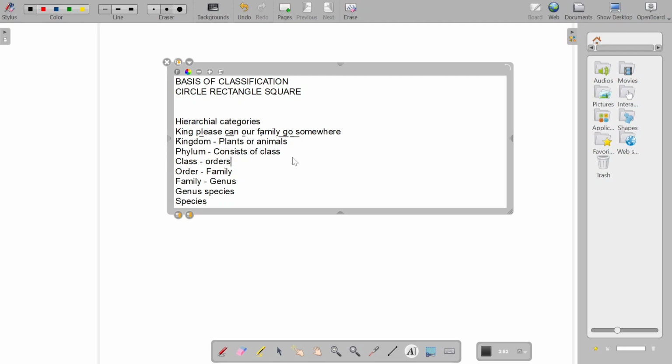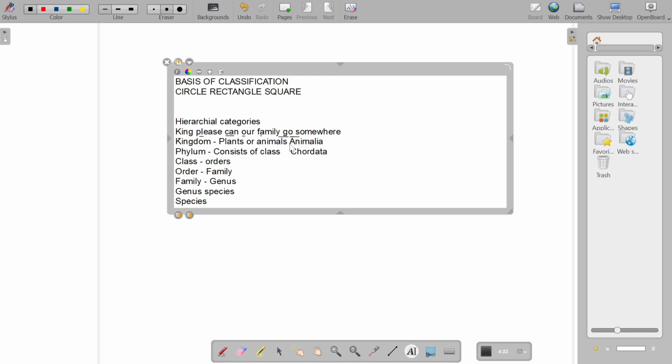Let me give a general example of how organisms are classified. For the species human, the kingdom is Animalia. We all belong to the animals, so it comes under kingdom animals. Phylum Chordata, because we possess a notochord.